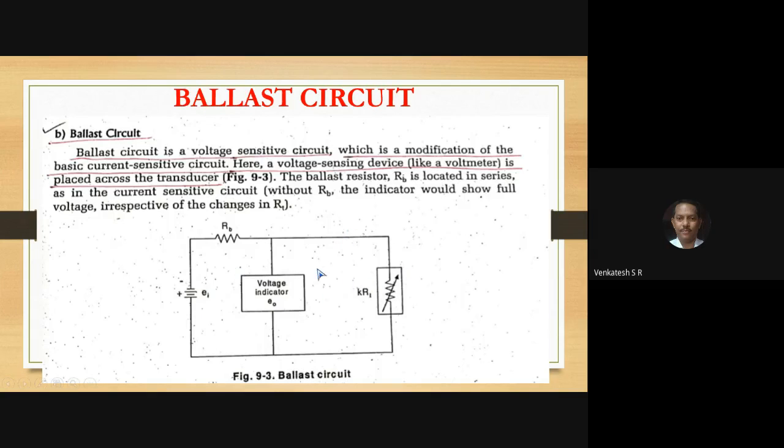So like this, you can use this circuit for the measurement of strain in case of axial strain, bending strain, and torsional strain.